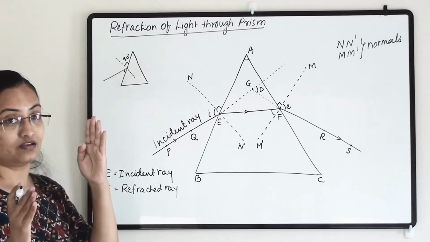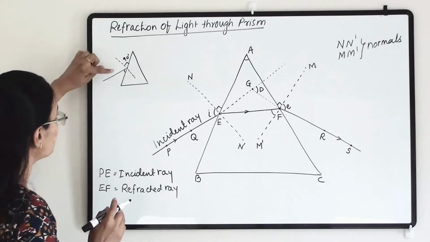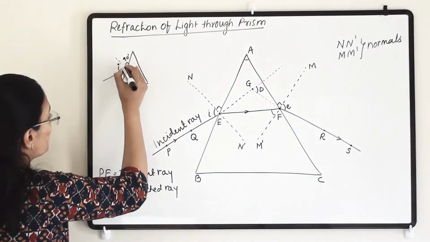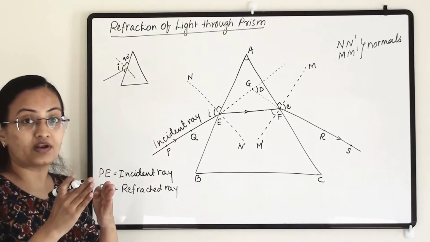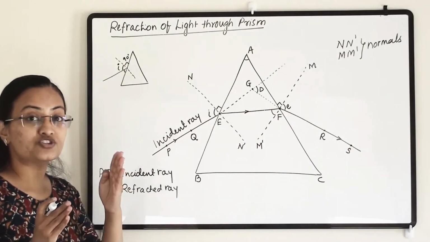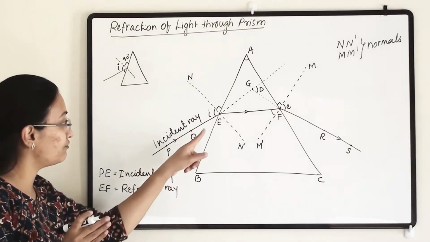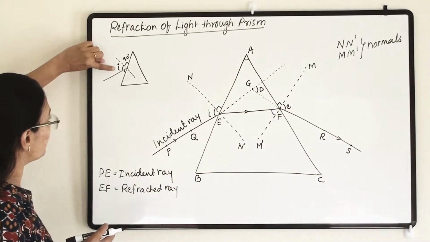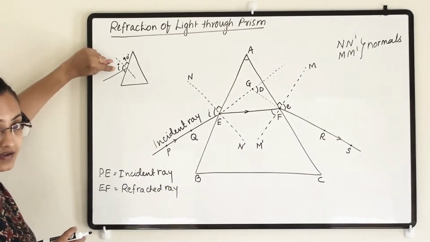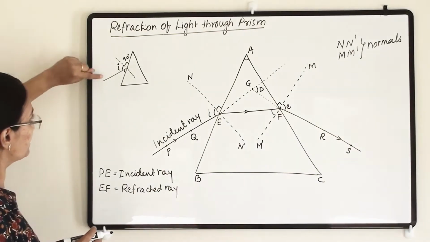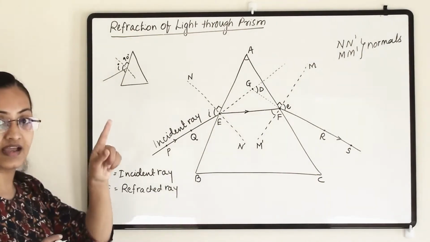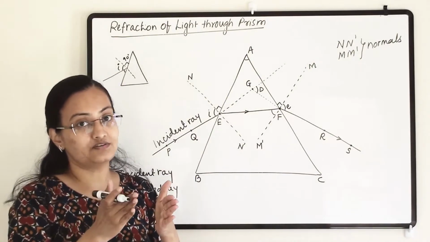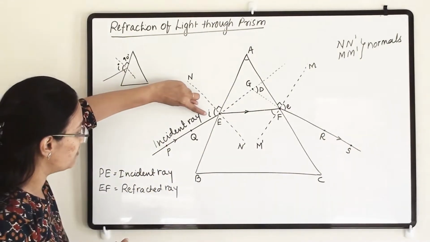The incident angle is along the normal, because it gives us a proper idea of how much slanting the ray has fallen on the surface of prism AB. This is an incident ray, this is an incident angle. The incident angle is always between the normal and the incident ray.